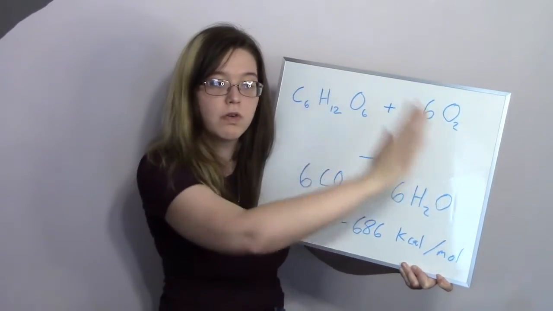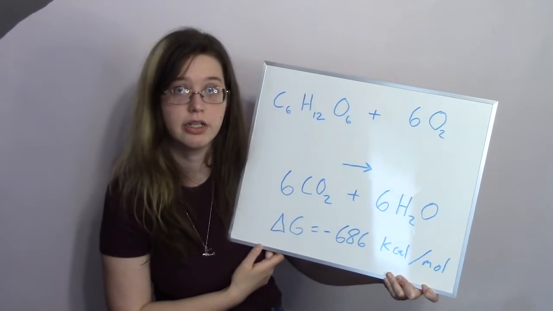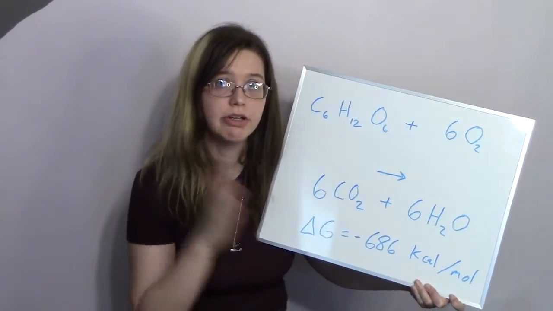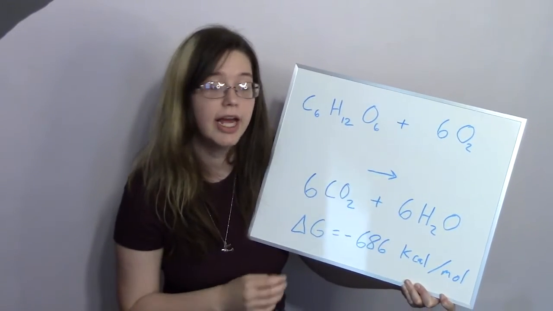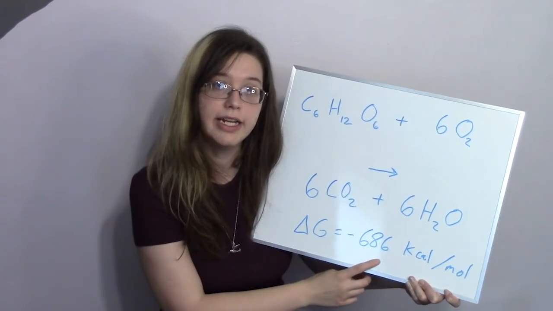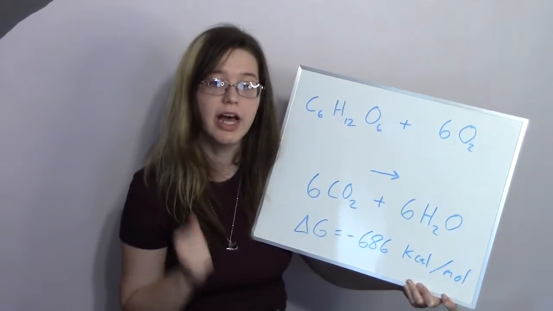And that's the overall equation for aerobic cellular respiration. It's much more complicated than this, but this is the general equation for it. And this reaction has a delta G of negative 686 kilocalories per mole. So it releases a lot of energy.